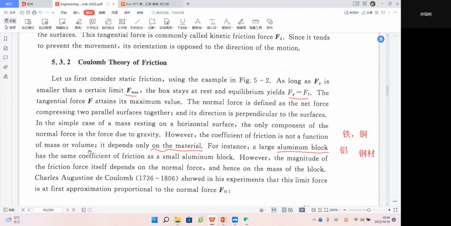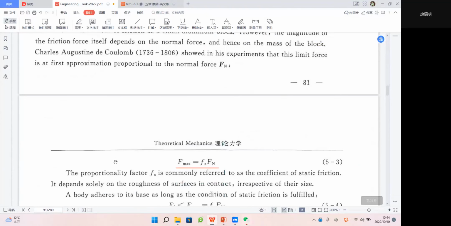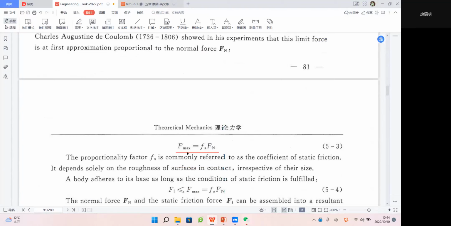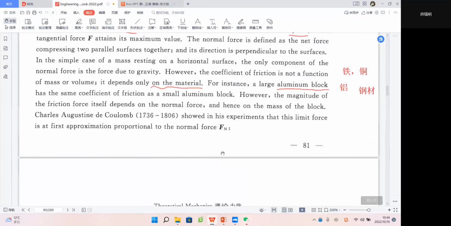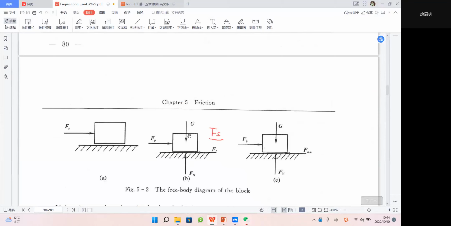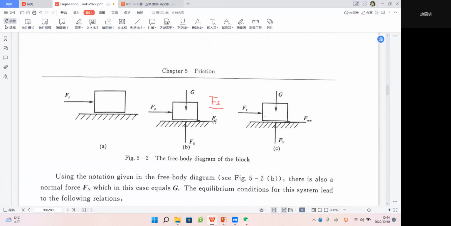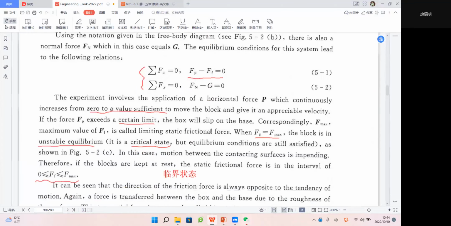So actually, it just tells us F max equals Fs times Fn. This is the support reaction along the normal line direction, which is perpendicular to the direction of Fs, you know?